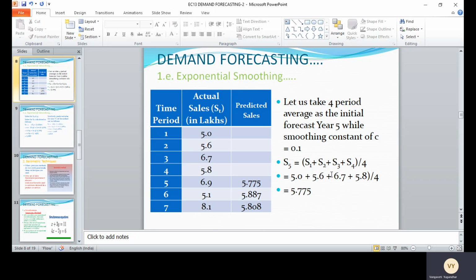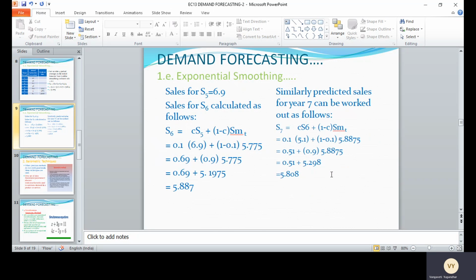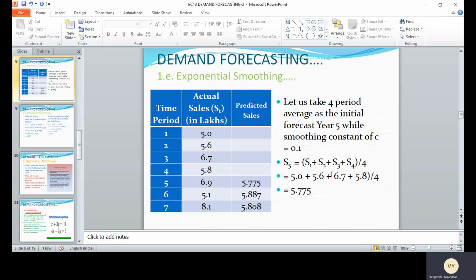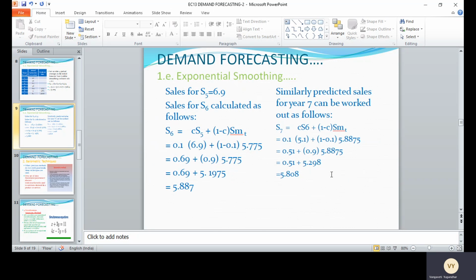That means for the 6th year, actual is 5.1 and predicted is 5.887. Similarly, let us go for the 7th year: C S6 plus (1 minus C) into S_MT. So 0.1 into 5.1, which is the actual for the 6th year, plus 0.9 into 5.8875. 0.1 into 5.1 is 0.51 plus 0.9 into 5.8875, which comes to 5.808.